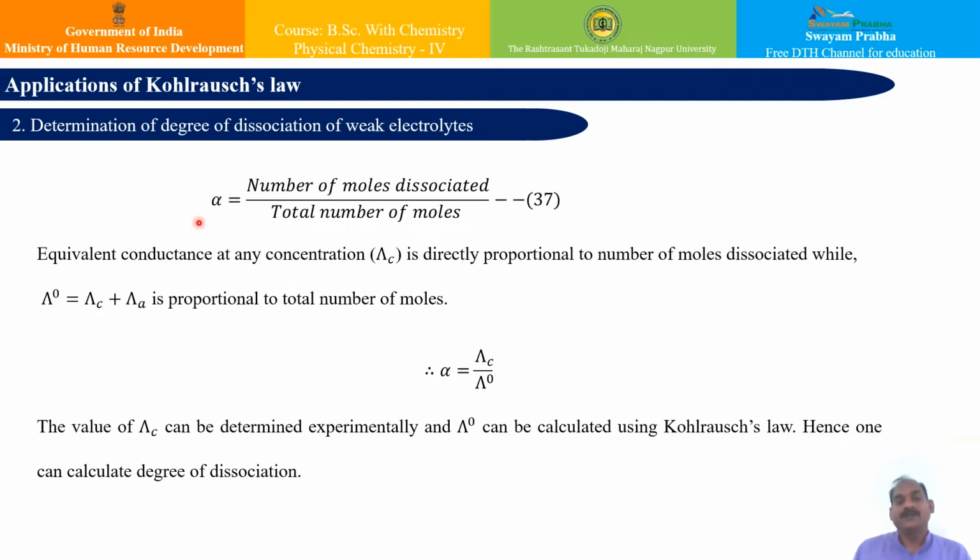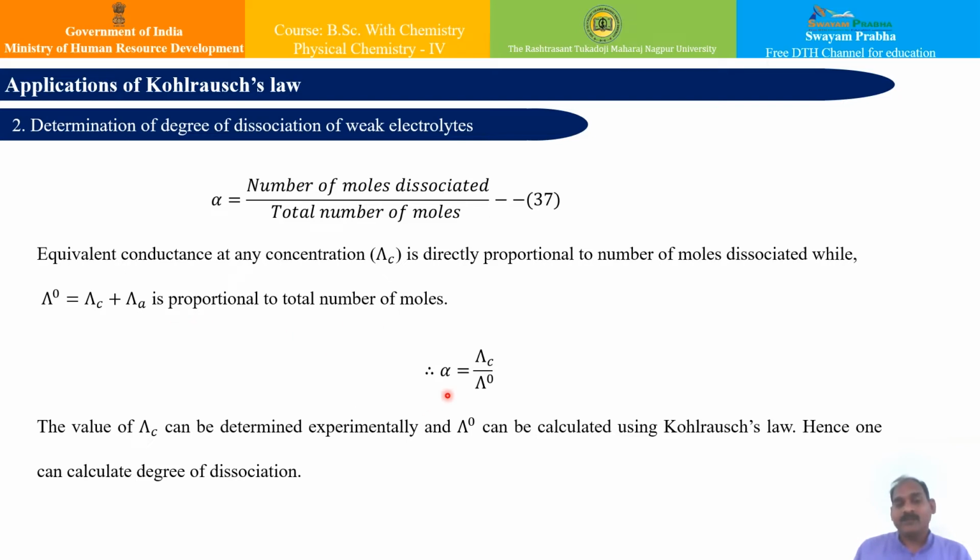How can we determine it? We know that the equivalent conductance at any concentration, that is lambda c, is directly proportional to the number of moles dissociated, while the equivalent conductance at infinite dilution is the sum of lambda c plus lambda a, that is, the equivalent conductance of the cation plus the equivalent conductance of the anion, and it is proportional to the total number of moles.